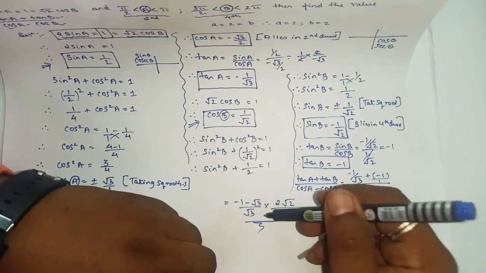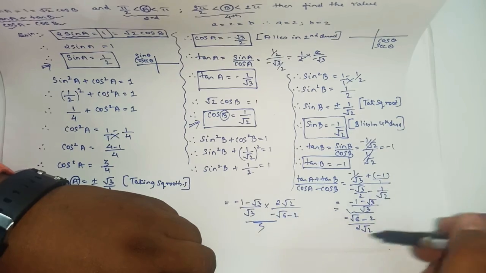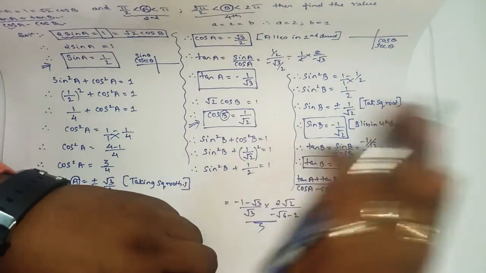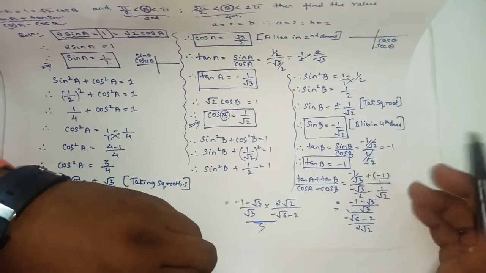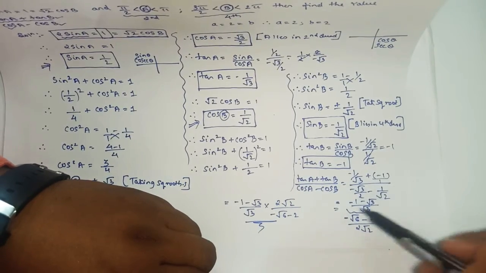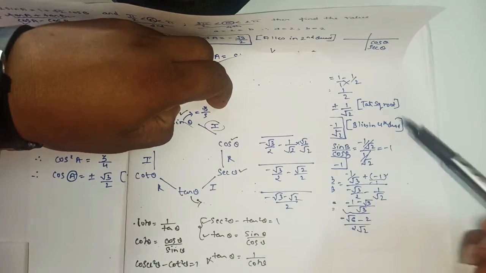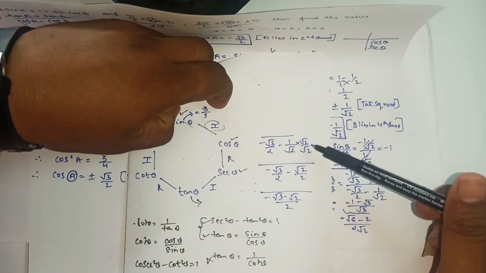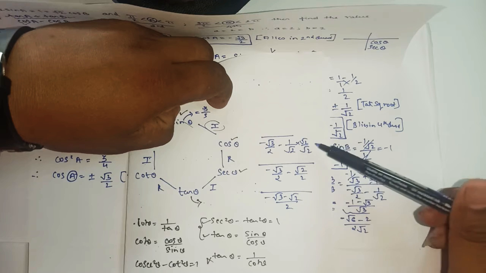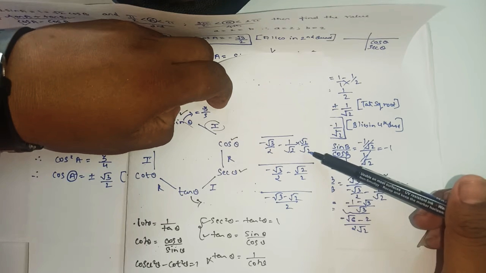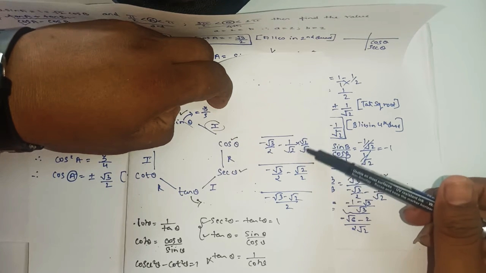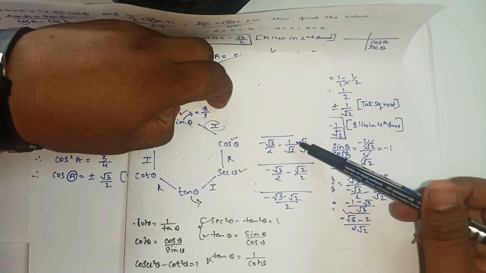Okay, if you keep your answer till this step also, it is okay, you will still get full marks. The backside answer is with respect to this rationalized property. So they did this adjustment, rationalizing the denominator, so you will get root 2 upon 2.